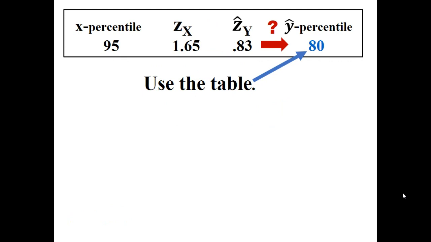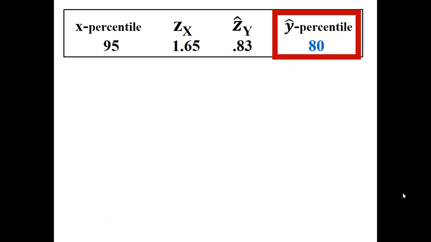A z-score of 0.83 is equivalent to the 80th percentile. And I've written it up there. And that's the answer. Misty's predicted percentile on the final exam is 80. The best prediction we have is that she'll score at the 80th percentile.